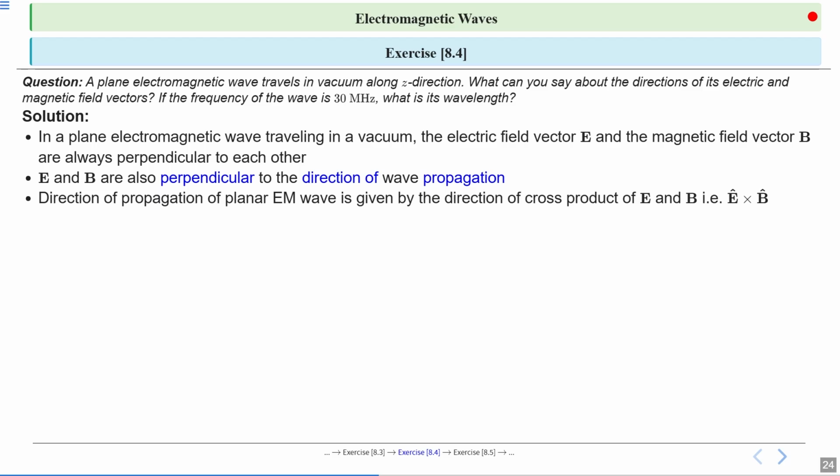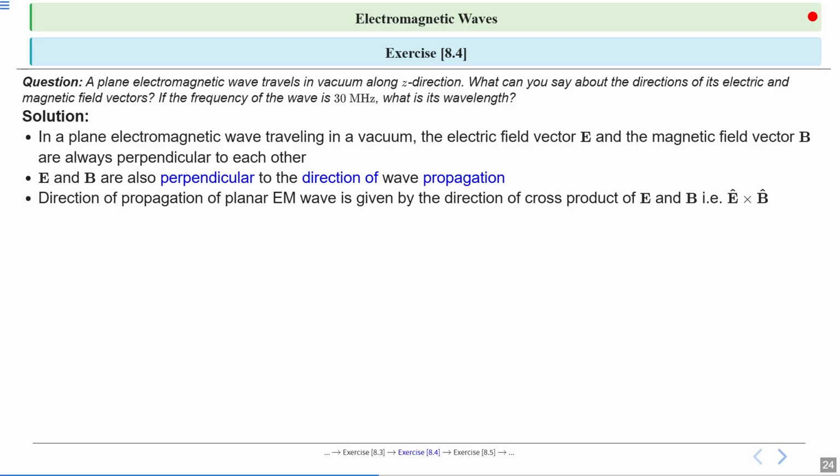So E vector cross B vector. Sorry, E cap cross B cap. So you can take cross product of E and B directly also. It will also give the direction, but it will give the magnitude also. Okay, so we have to take cross product of directions to find the direction only.